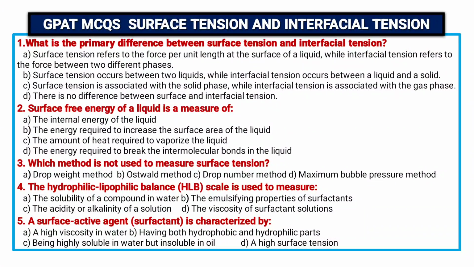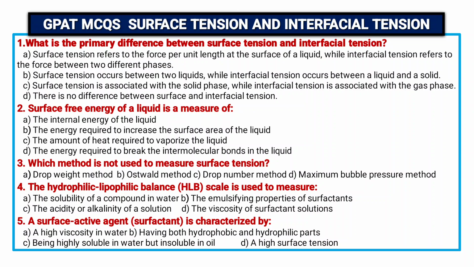Next, turn to the GPAT MCQs: surface tension and interfacial tension. First question: what is the primary difference between surface tension and interfacial tension? A. Surface tension refers to force per unit length at the surface of a liquid, while interfacial tension refers to the force between two different phases.